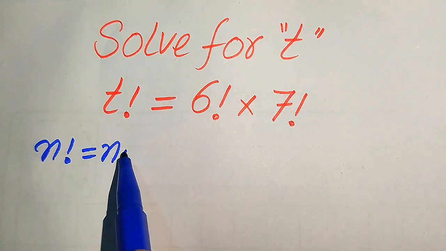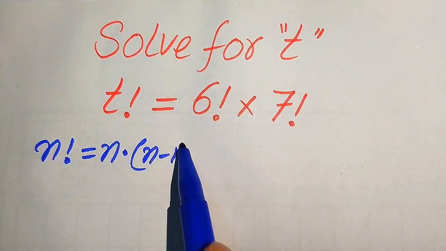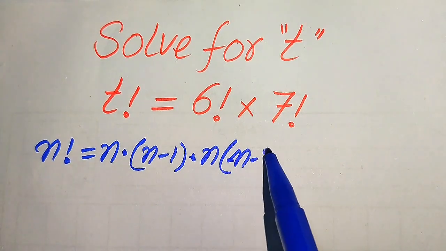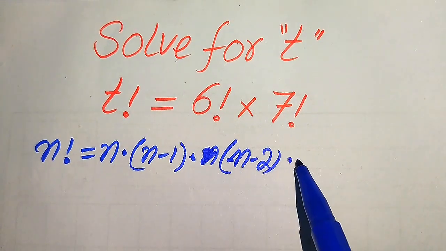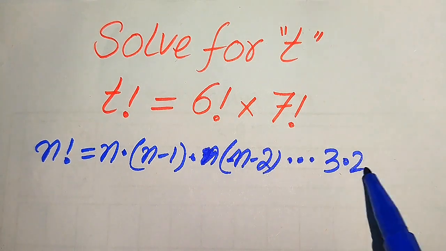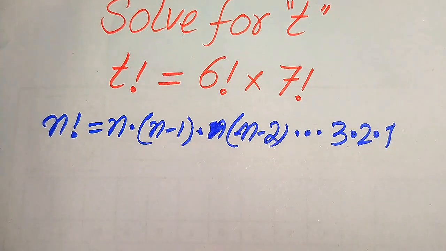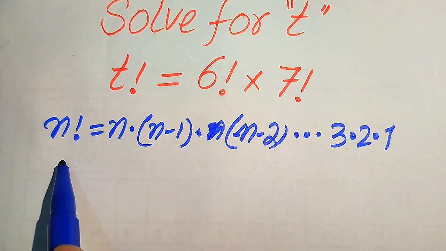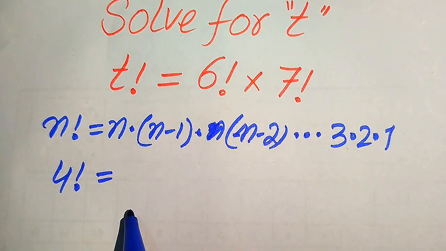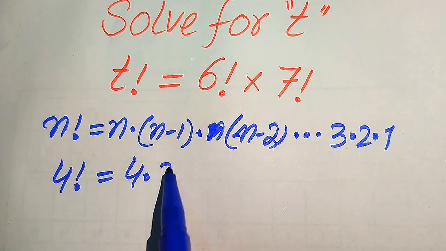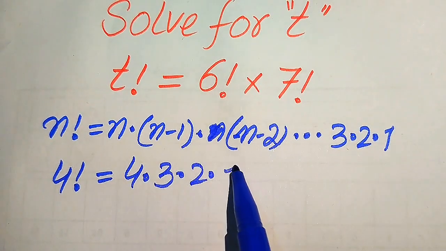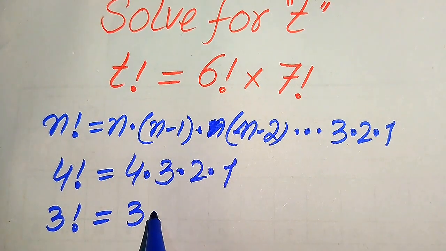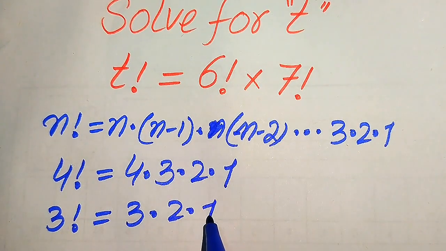So you have n times n minus 1 times n minus 2, and so on, up to 3 times 2 times 1. To explain this definition in a particular way, if you have 4 factorial, we write it as 4 times 3 times 2 times 1. And if we have 3 factorial, this means 3 multiplied by 2 multiplied by 1.